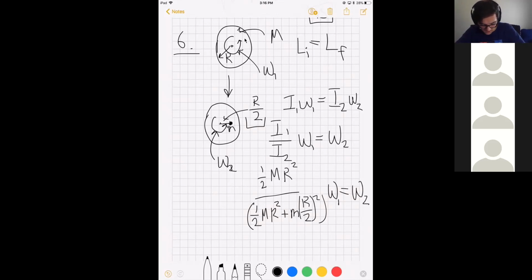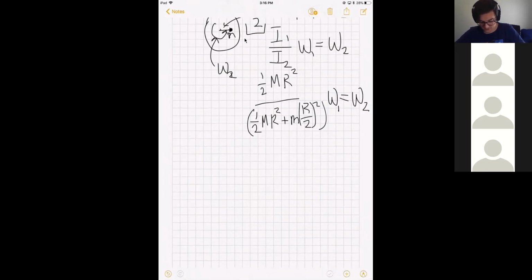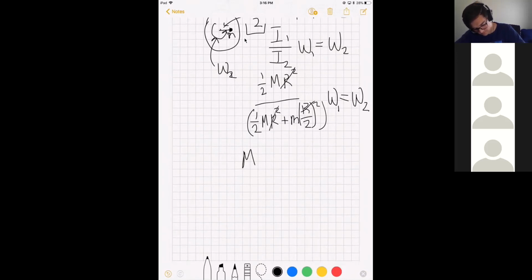Okay. So now we just have to do a bit of math here. We can factor out an R squared from both of these, so that's going to cancel out right there. We're going to flip the 1/2 over, so this 1/2 is going to go away. We're just going to skip a few steps. Let me double check if that's right.